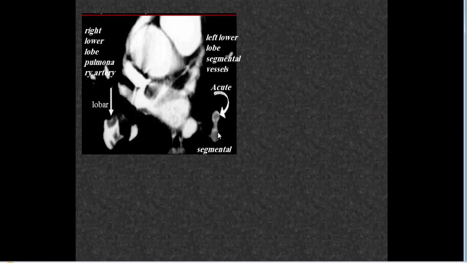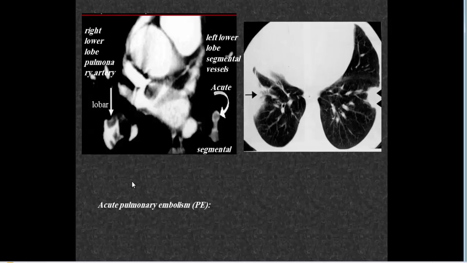Abrupt cut off of contrast enhancement, centralized, not making an angle with the wall, unlike chronic pulmonary embolism. No areas of recanalization as in chronic pulmonary embolism. Intraluminal filling defects in the left lower lobe segmental vessels: acute pulmonary embolism. In these images, this is the lung window.